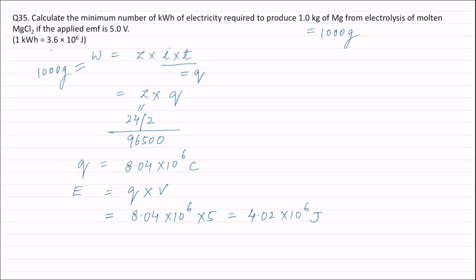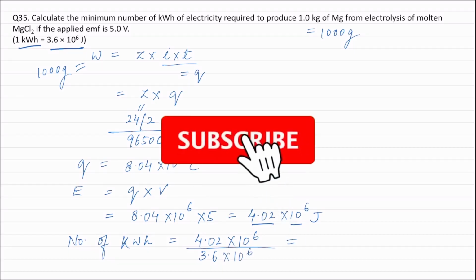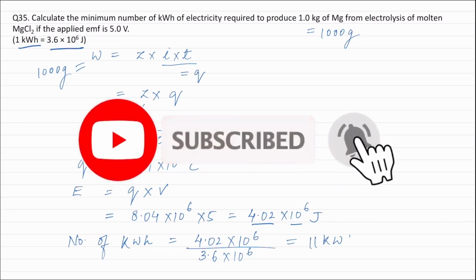Now 3.6 into 10 to the power 6 joules is equal to 1 kilowatt hour. Therefore, 4.02 into 10 to the power 6 joules will be equal to number of kilowatt hour, which is 4.02 into 10 to the power 6 divided by 3.6 into 10 to the power 6, and this is approximately 11 kilowatt hour.